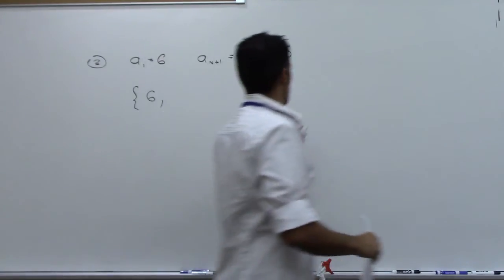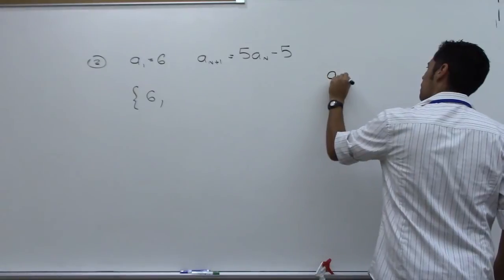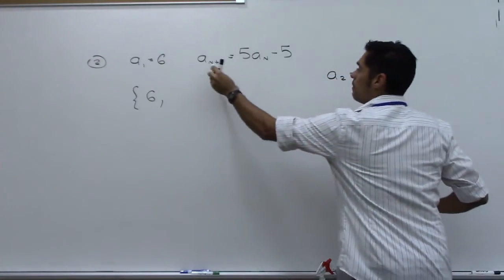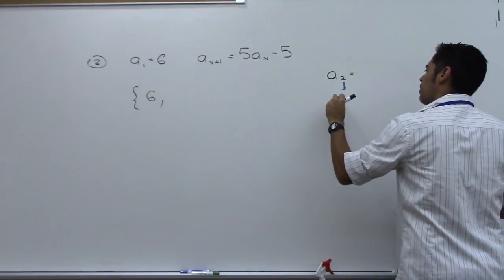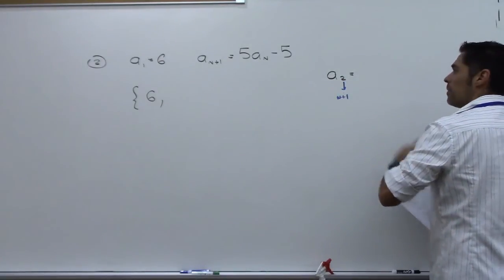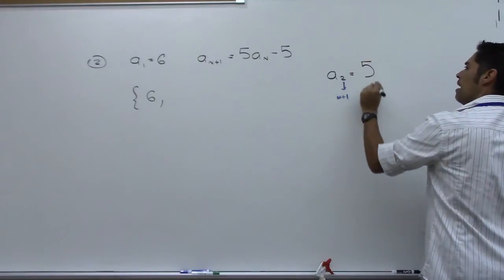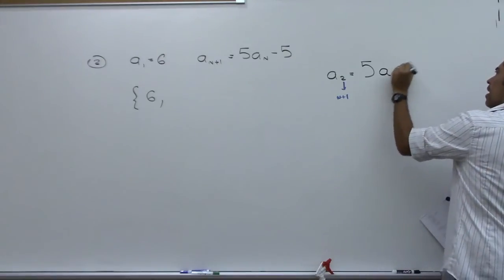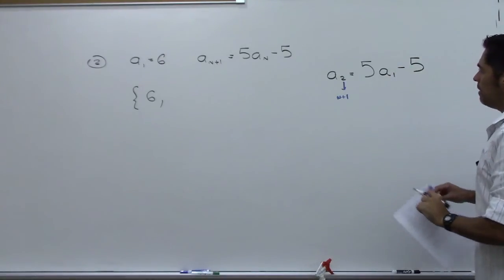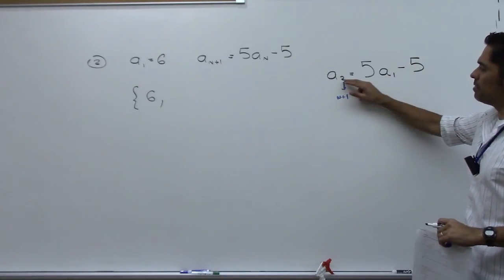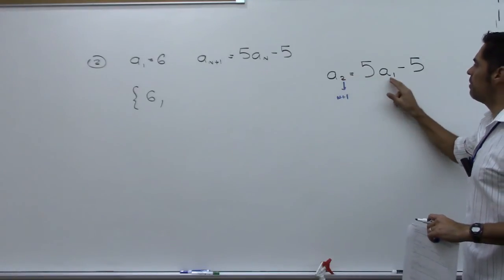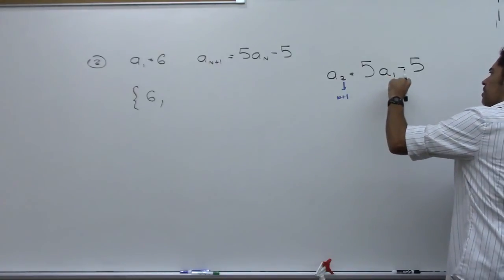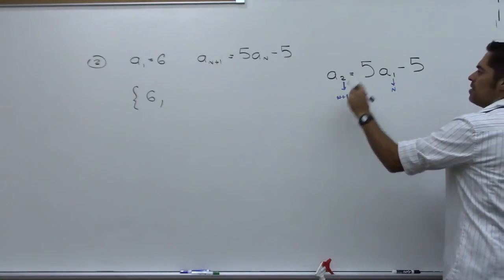So if I want to know what a sub 2 is, then I'm using this formula where n plus 1 is 2. That means I'll have 5 a sub n, here a sub 1, and then minus 5. So the second number in the sequence is 5 times the first number minus 5. This one is the nth number, and this is the n plus 1 number.